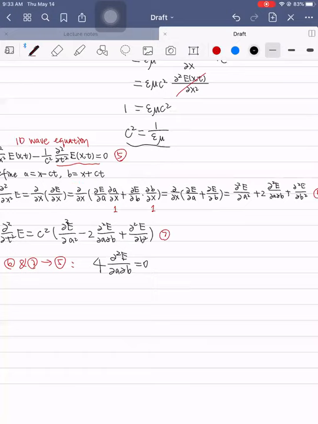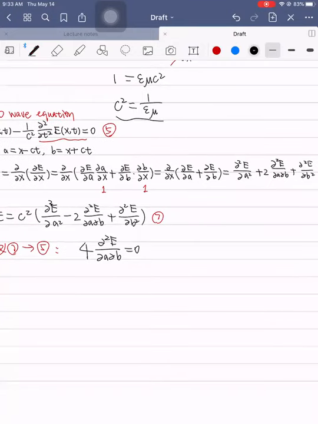So if we integrate the left-hand side with respect to A, we will get the field E equals a function of B.